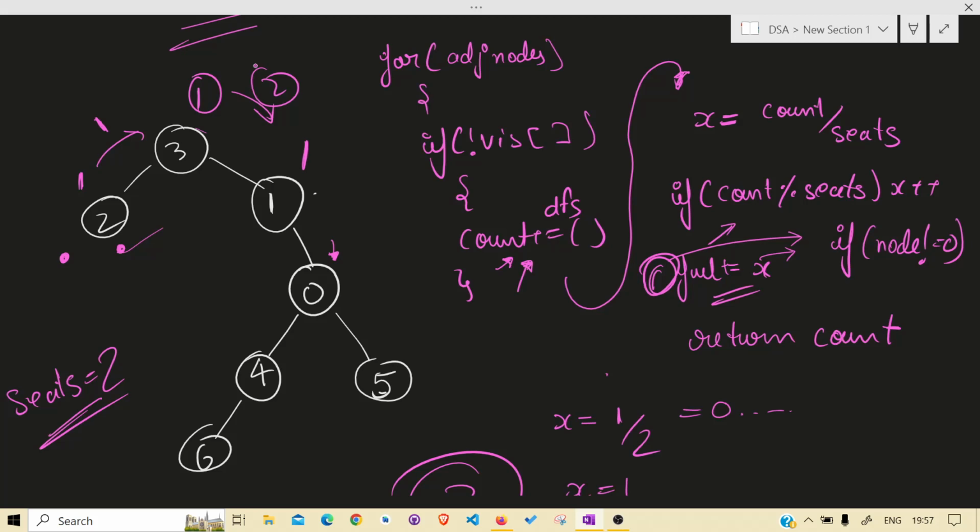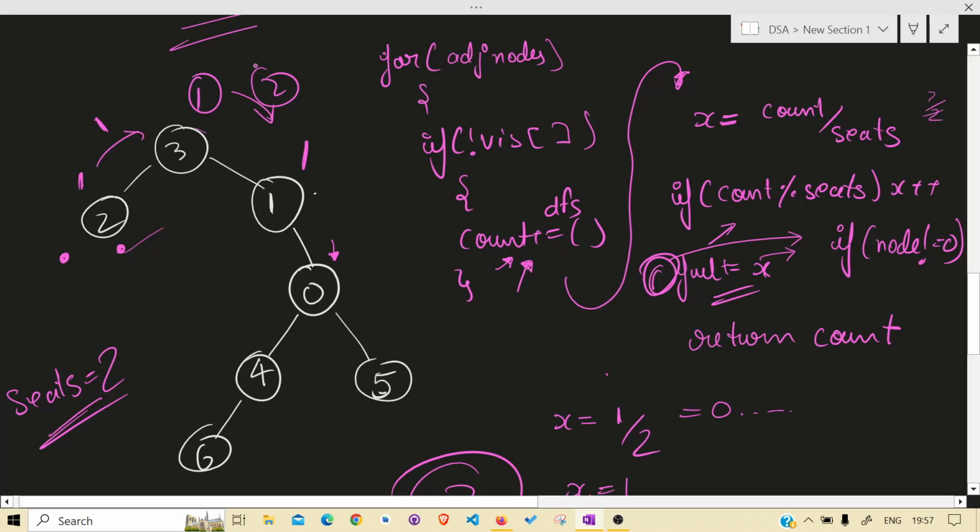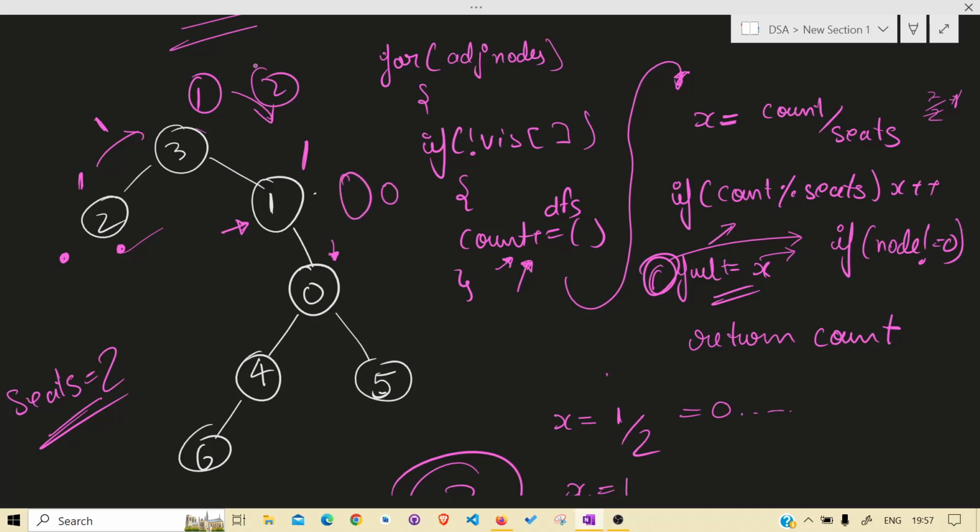So let me repeat it again. To reach 2, it required 1 because he has to reach 3 in order to pair. While taking 3, how much they will take is 1 again. How did that 1 happen? Because 2 divided by 2, that's 1. Now, when they reached 1, there is 1 pair and there is 1 single.